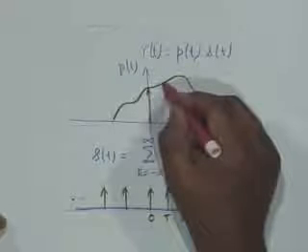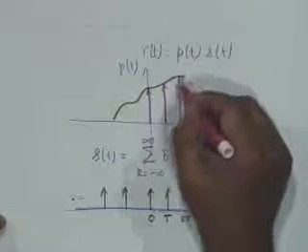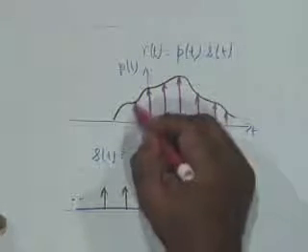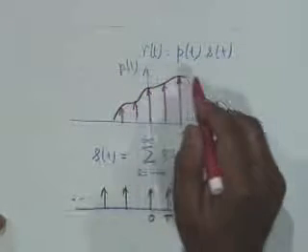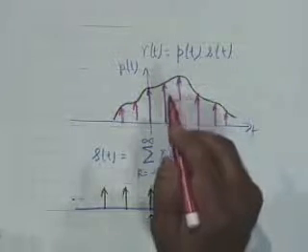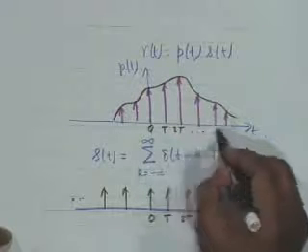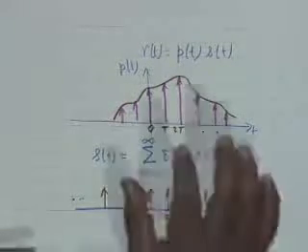That is, what we get at the output of the multiplier is impulses like this at regular intervals of time, whose strengths are equal to the value of P of t at those instants of time. These are 0, capital T, 2T, and so on and so forth. So, what in effect we are doing is, from a given whole, we are sampling the values of the signal.